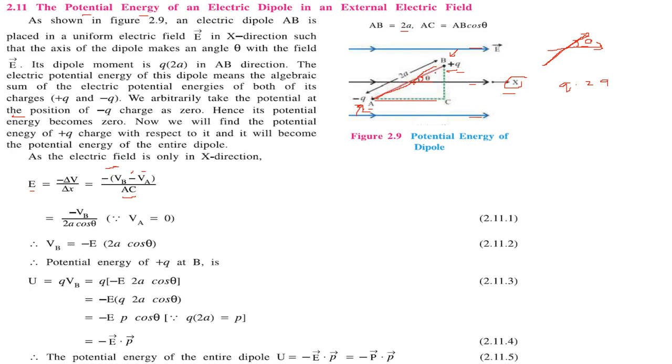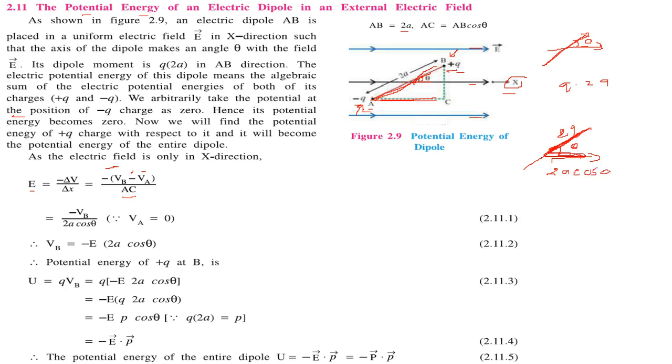You will be amazed that we have to take this distance, but we are not taking this distance, but AC. AC is the distance because the electric field is in this direction and the dipole is in this direction. So we have to take the cos component of this, that is AB cos theta. AB is 2A, this is theta, so this will be 2A cos theta.